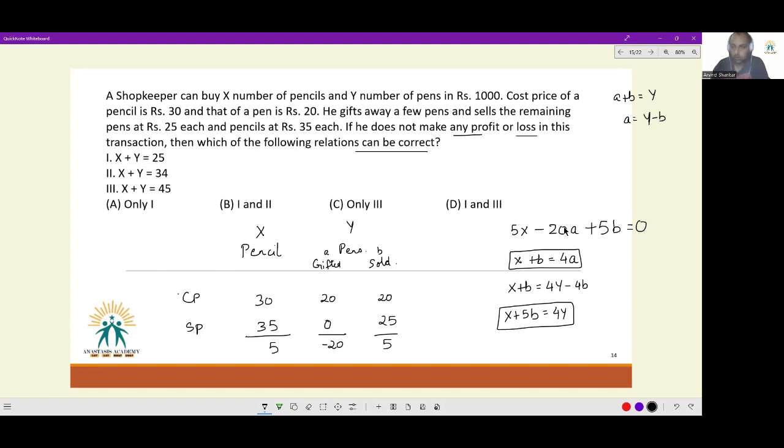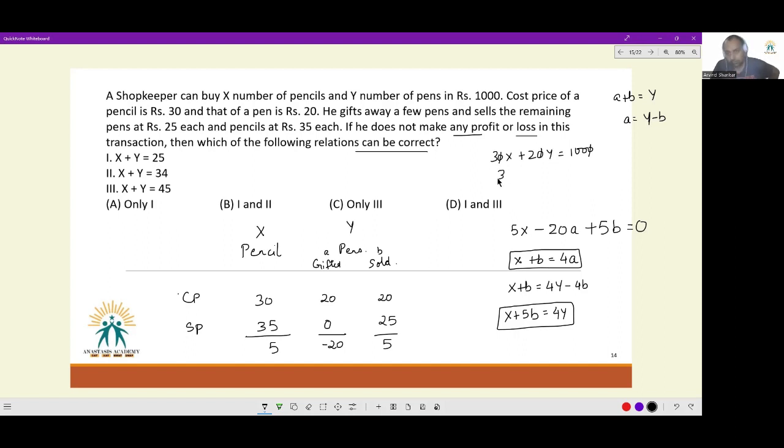Okay. I also know 30x plus 20y is equal to 1000. So I can get rid of 0 straight away.